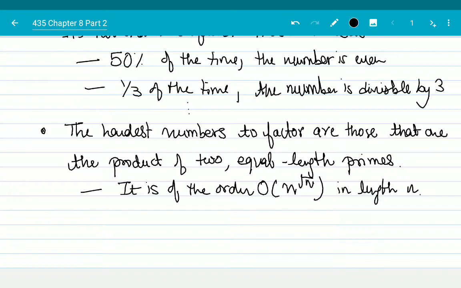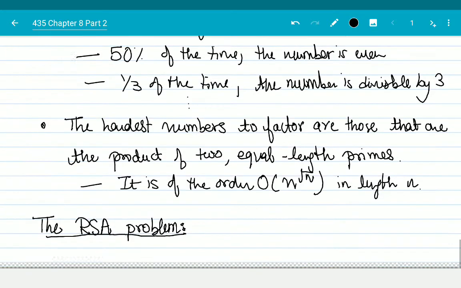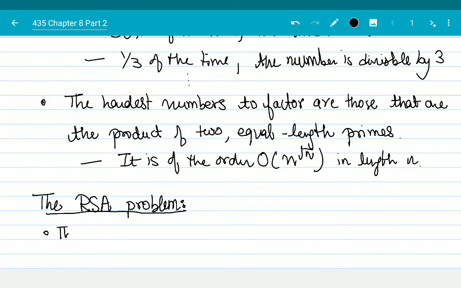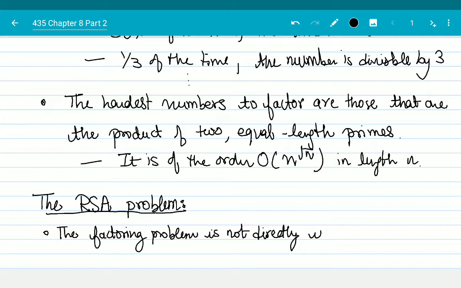Well, this is not directly applicable. What is applicable in cryptography is the RSA problem. The factoring problem is not directly useful for cryptography.